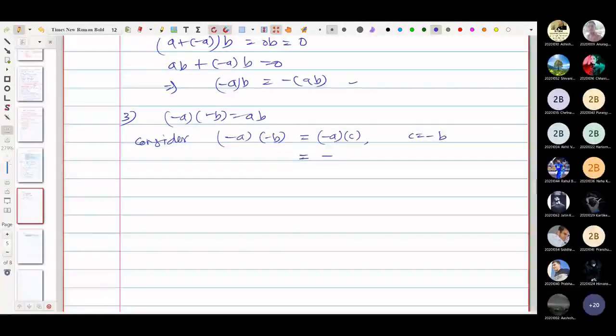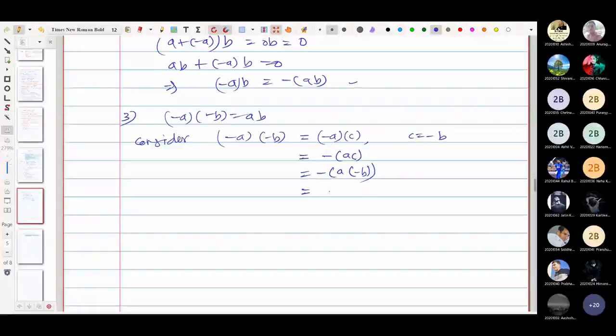From here we can write ac like this, and then we have negative a times c, and c is nothing but negative b.